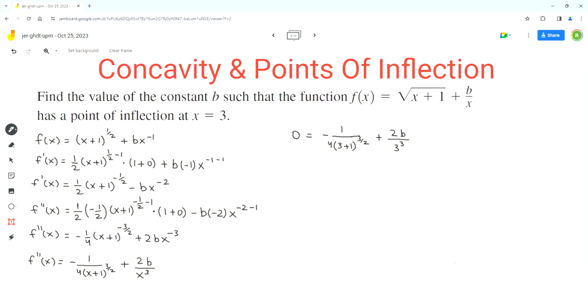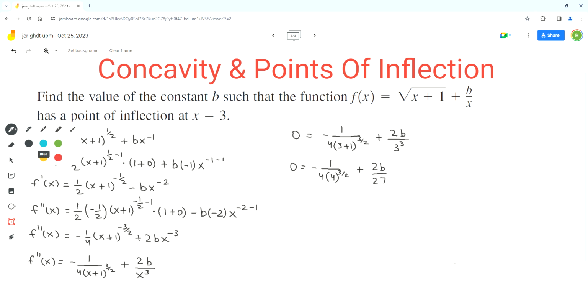The first thing we can do is to simplify the denominators in these fractions. So 3 plus 1 is 4. And 3 cubed is 27. Now we have to simplify 4 to the power 3 over 2.